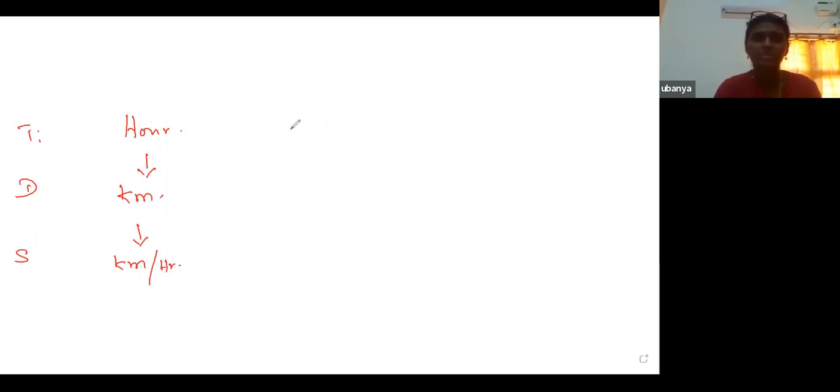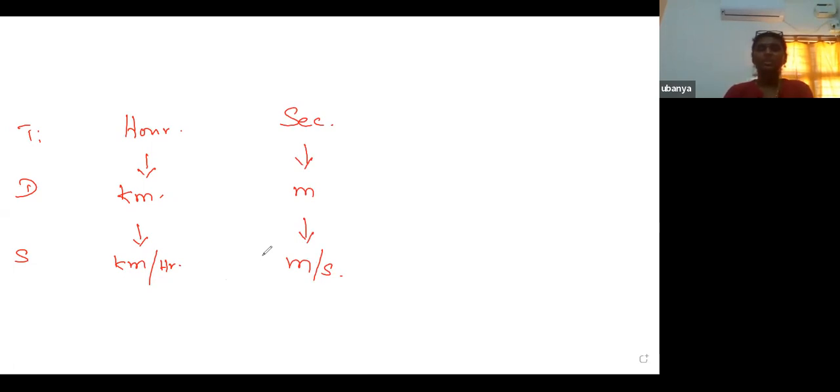If the time is given in minutes or seconds, the distance should be in meters, and the speed would be meter per second. And the options might differ, and we have to calculate accordingly.